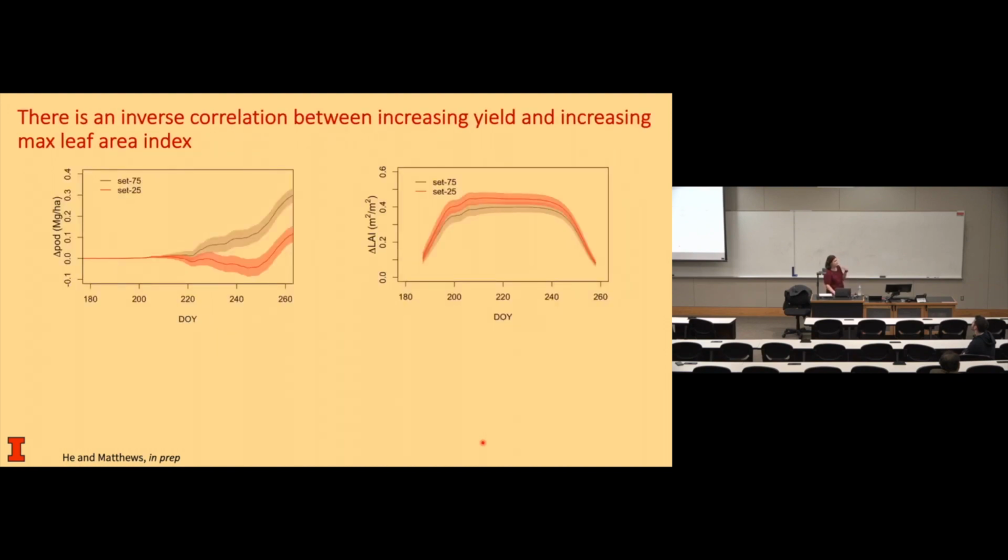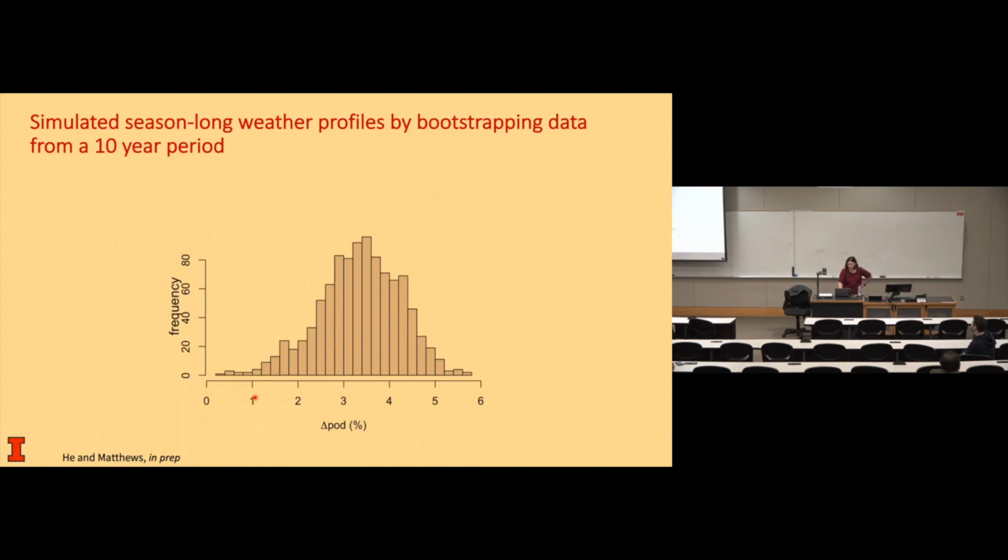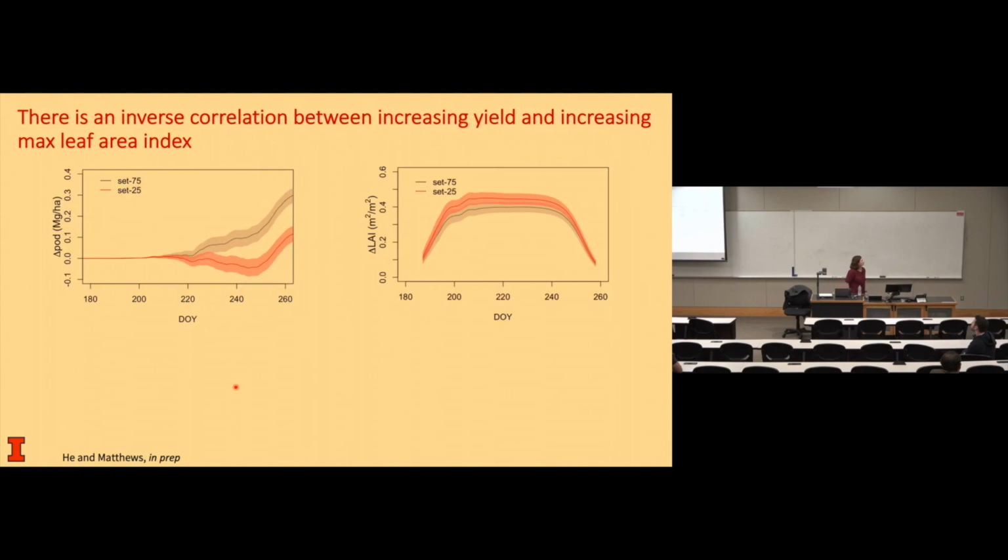Then for all of these 1,000 climate inputs, we ran our model simulations for the growing season years and looked at the range of variation in how much the pod increased when we increased our photosynthetic rates. We see quite a range, so we took the upper quartile and the lower quartile and compared those results to try to pick out what was happening in the low cases, where we weren't seeing an improvement, or maybe even a negative improvement.